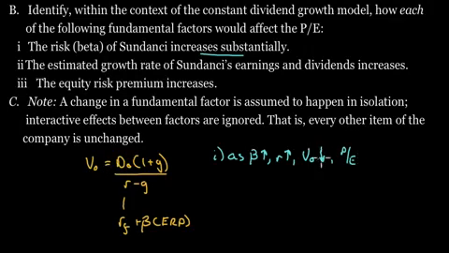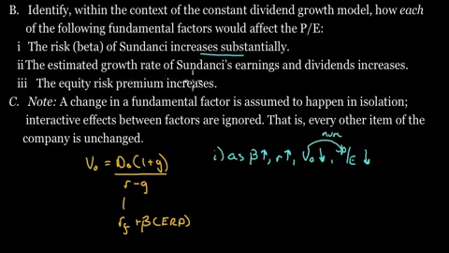If we're using V naught standing in for P, if the numerator decreases while earnings stay constant, the ratio decreases because this V naught is the numerator here in a justified PE. So as beta increases substantially, the justified PE decreases.